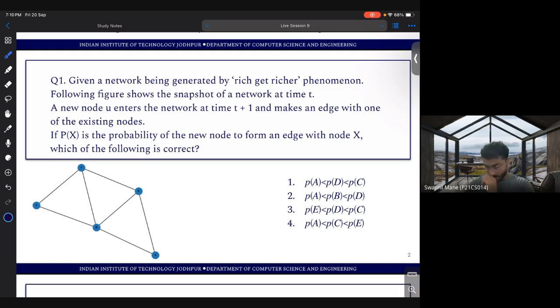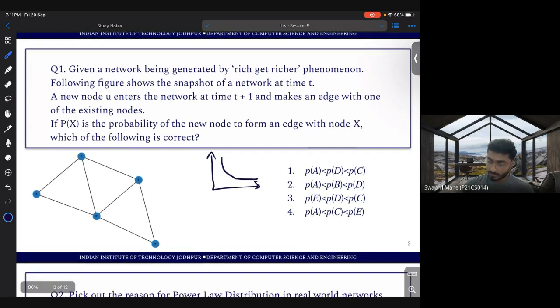In the rich get richer phenomena, what we find is that it follows a power law distribution. In a 2D plot we get a curve like this, where y is proportional to 1 divided by k to the power alpha.